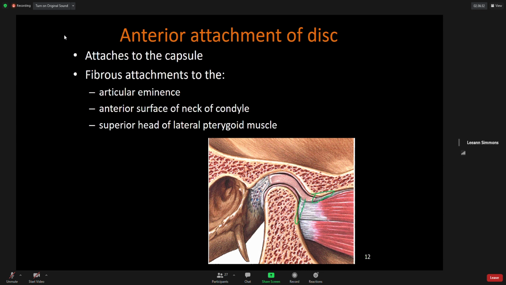And it's also attached to the superior head of the lateral pterygoid muscle. And I have that indicated with an S. So remember we talked about the lateral pterygoid pulling the condyle anteriorly towards its origin on the inferior surface of the sphenoid bone.